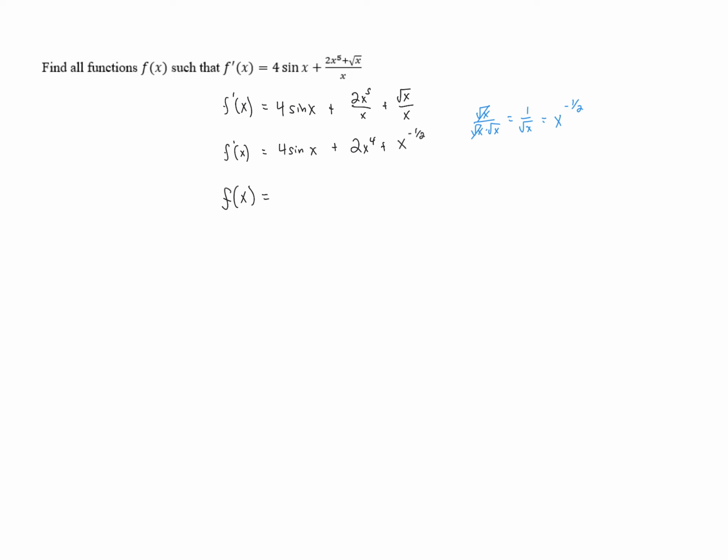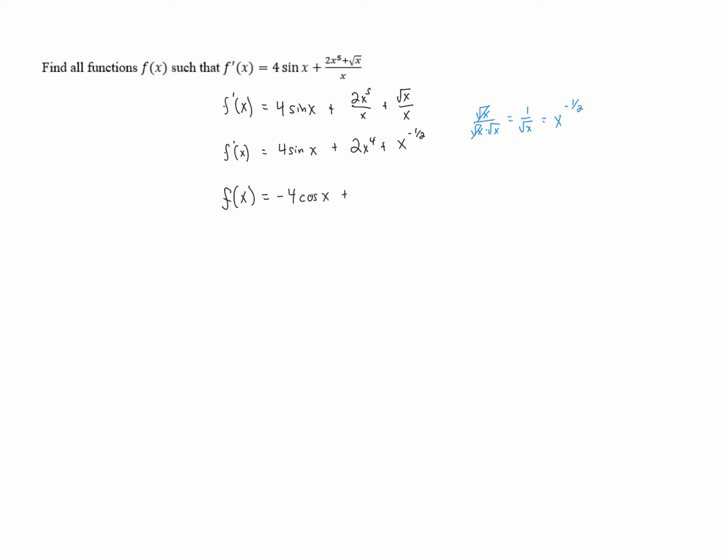The antiderivative of 4 times sine of x: the antiderivative of sine of x, we already saw, is negative cosine of x. And that constant multiplier of 4 is going to turn this into negative 4 cosine of x. And then plus, remember we had that power rule.